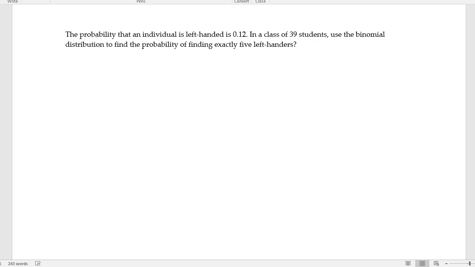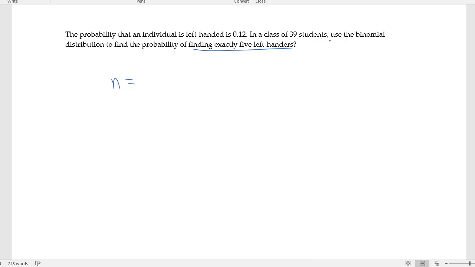When I read this problem, this is binomial because you're either left-handed or you're not left-handed. A success would be choosing a left-handed person, because we're finding exactly 5 left-handed people here. Success is a left-hander, failure is not left-handed, i.e. right-handed. How many trials do I have?